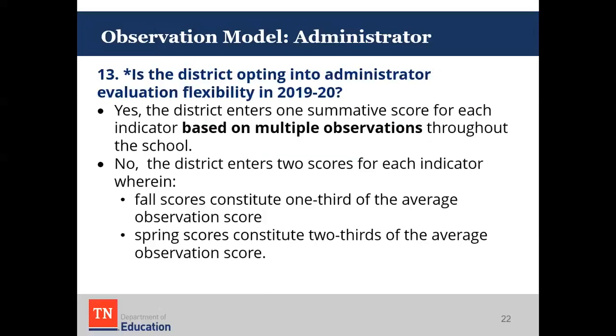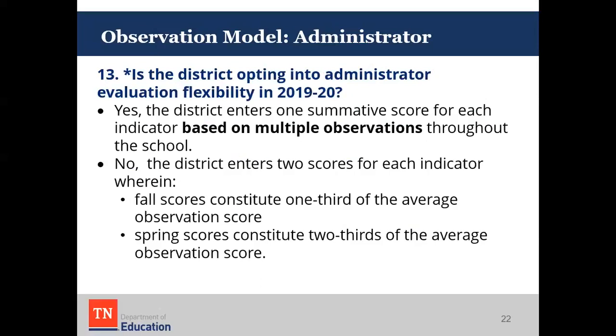Another decision point to make where administrator evaluation is concerned is the scoring process for the administrators. 2 observations are required for every administrator in the TEAM model. Districts can select to enter, however, 1 summative score for each indicator by opting into administrator flexibility.